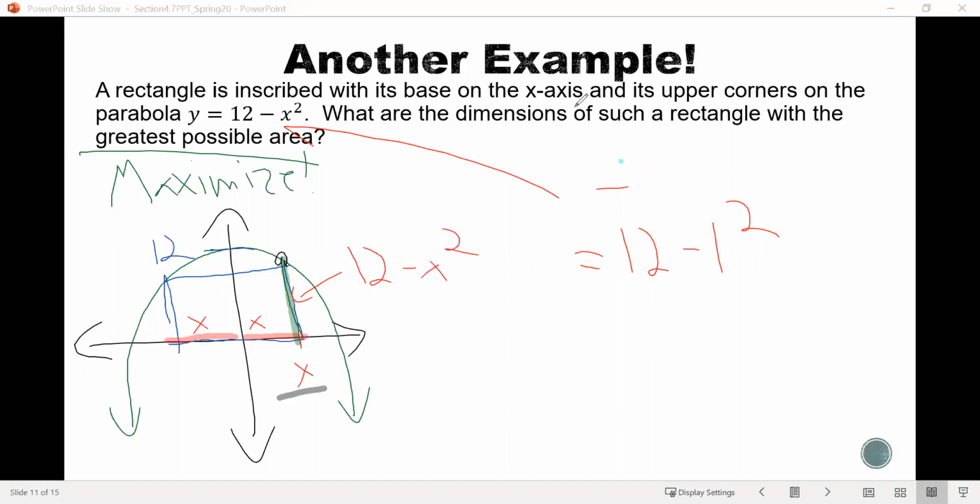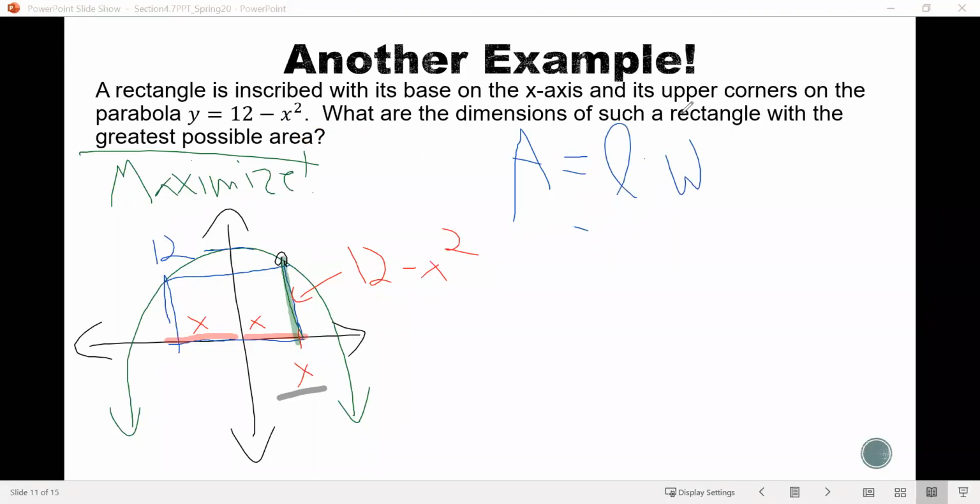So what this does now is we have some dimensions of the rectangle, and we're trying to maximize the area. We know that the area of a rectangle is given by length times width.